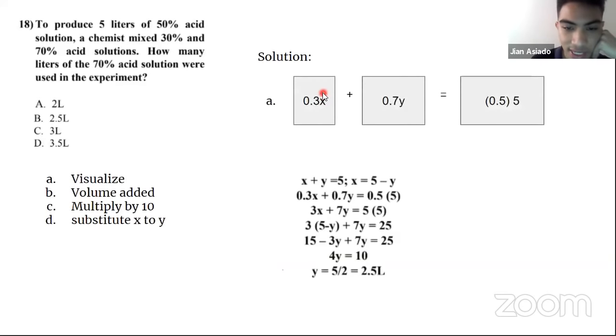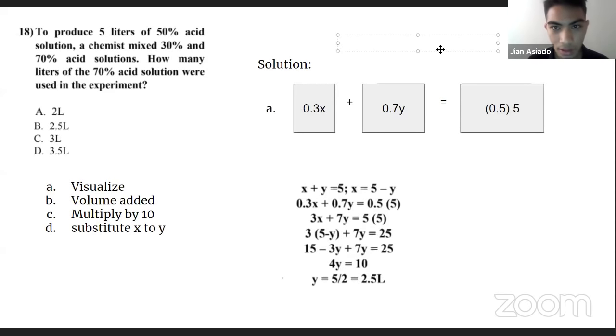So si X, let X be... okay, let X, Y be the unknown volume, no?